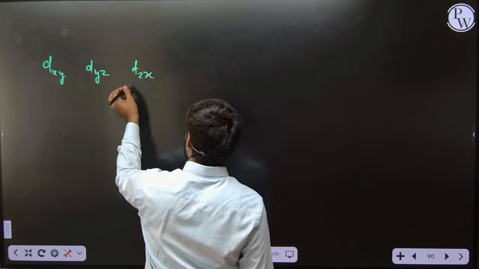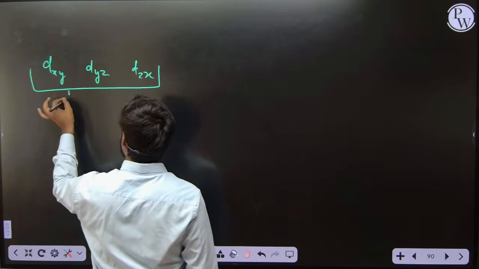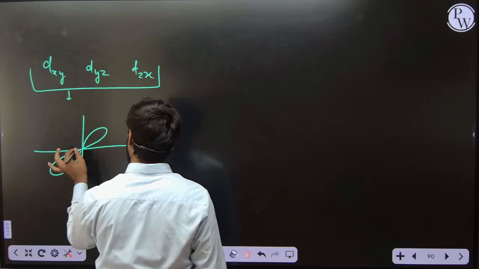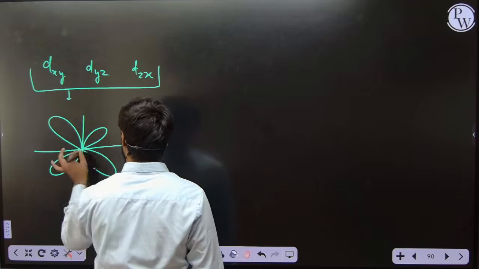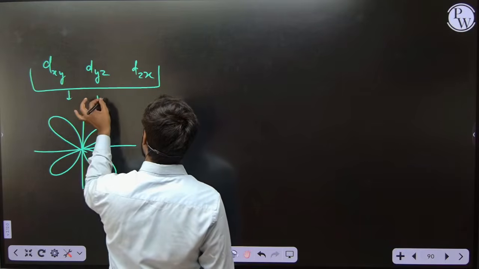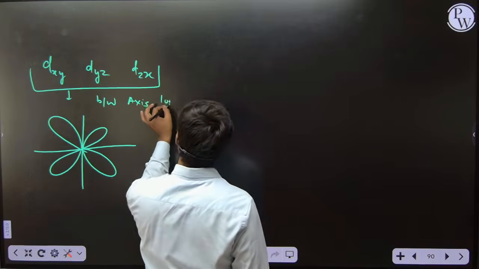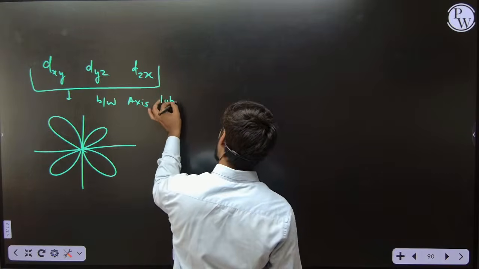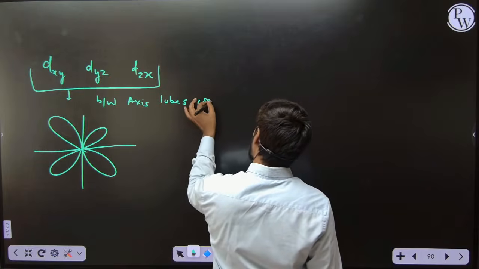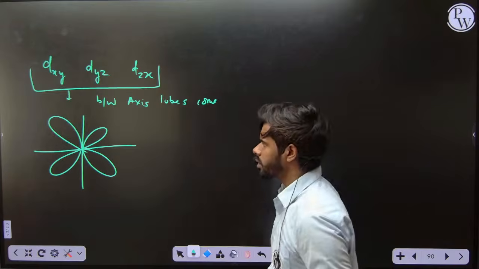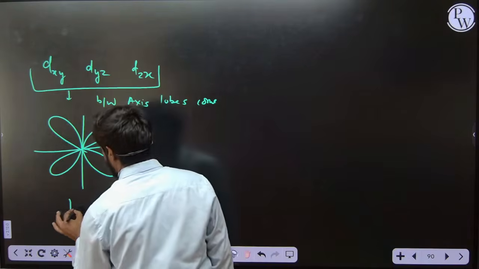These are the 3 orbitals which have their lobes in between the axes. When lobes come in between the axes, these are known as the T2g orbitals.